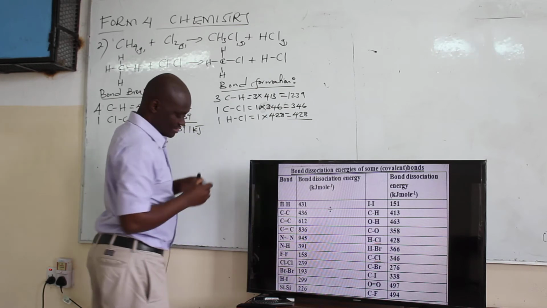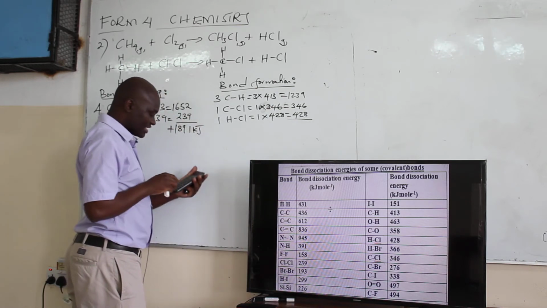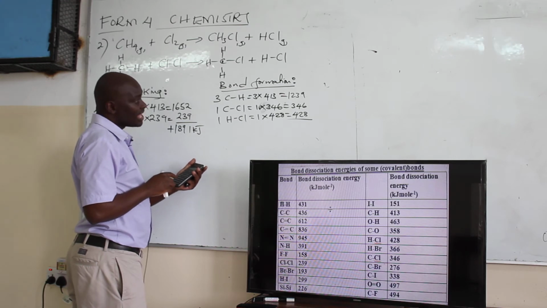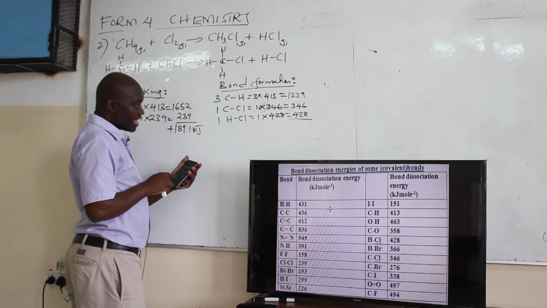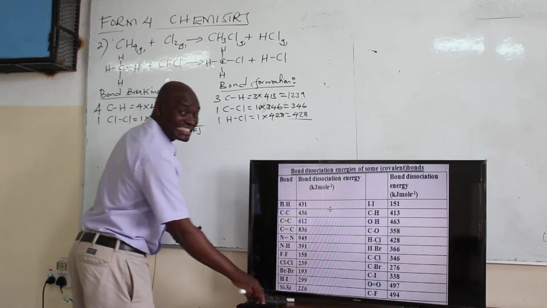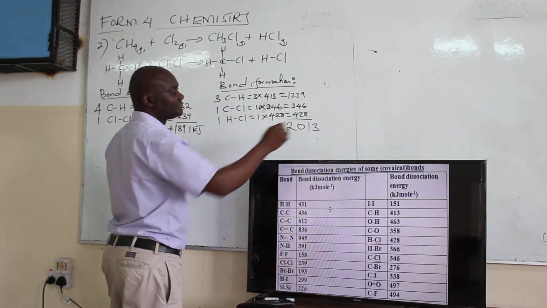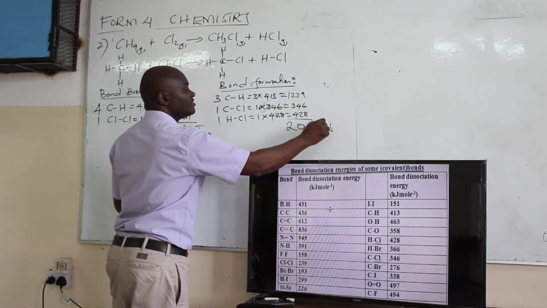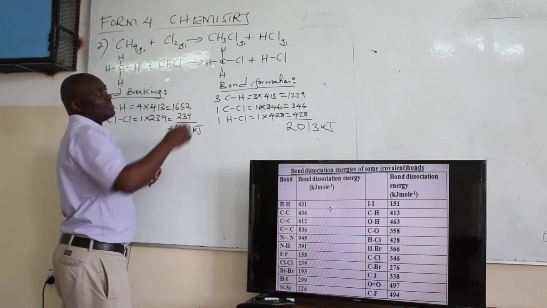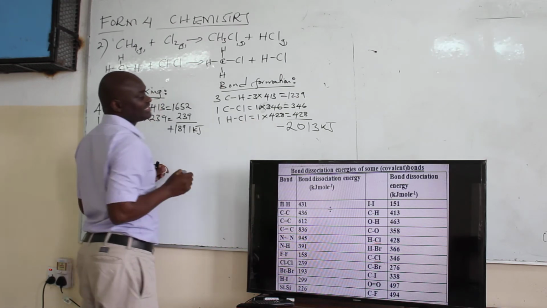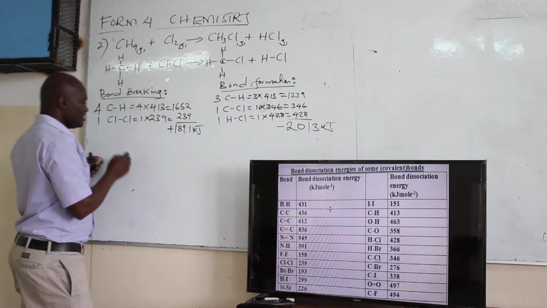You add 1239 plus 346 plus 428. You have 2013 kilojoules. Bond formation is exothermic, so delta H is negative.